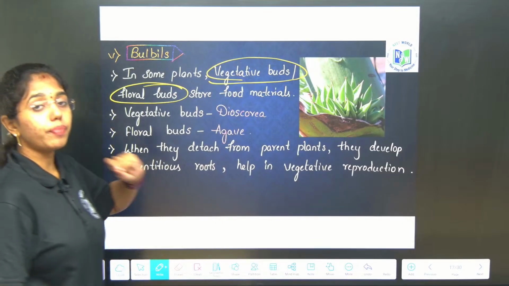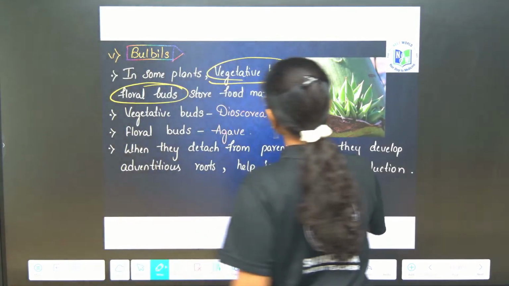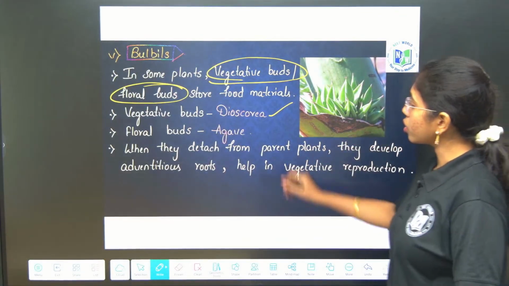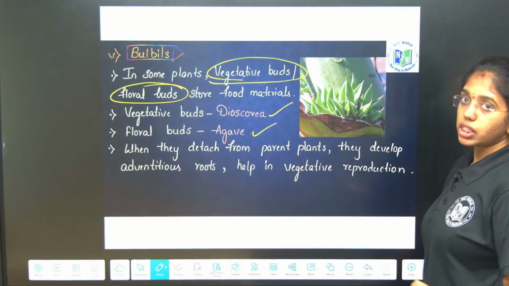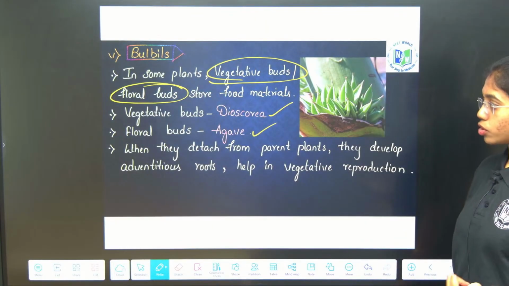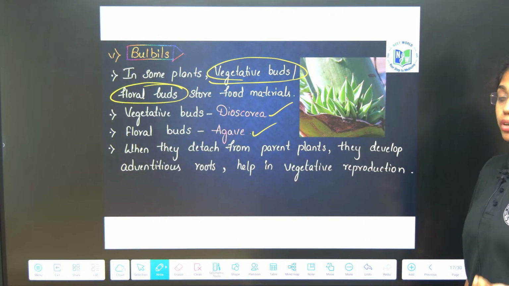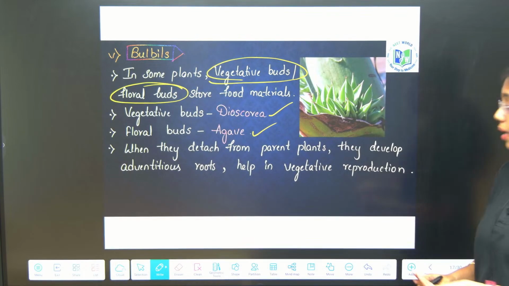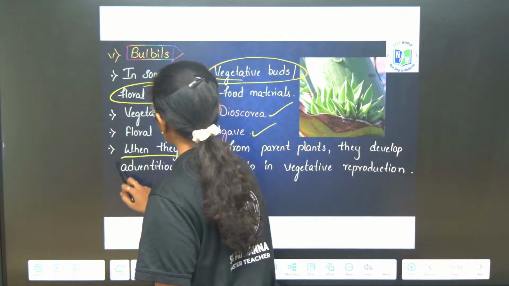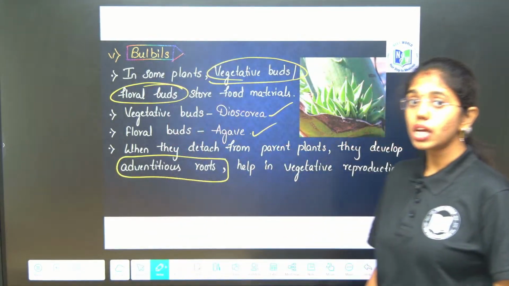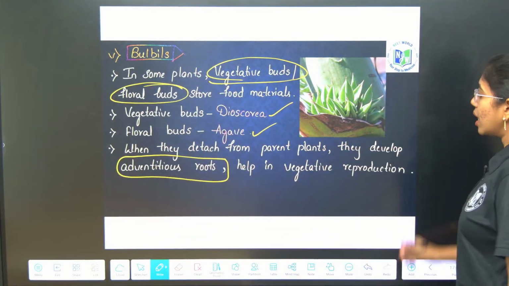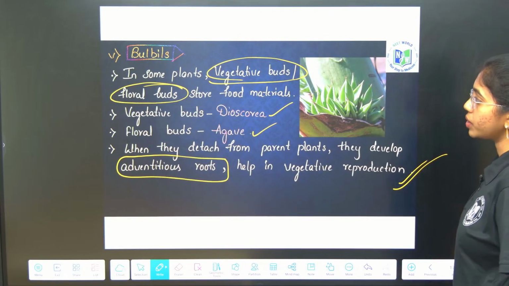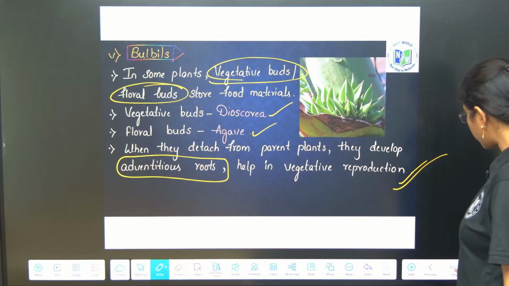If a vegetative bud is storing the food material, it is Dioscorea. If floral buds are storing food material, it is agave, okay. When they detach from the parent plants, they develop adventitious roots and help in vegetative reproduction. They help in what? Vegetative reproduction. I hope this is clear, right?